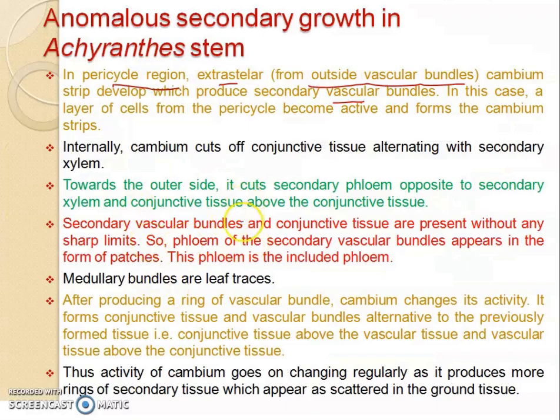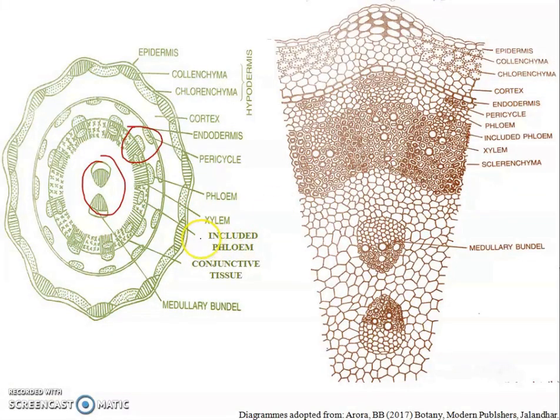Internally, the cambium cuts off conjunctive tissue alternating with the secondary xylem. So this is the conjunctive tissue which is formed due to the activity of the cambium.